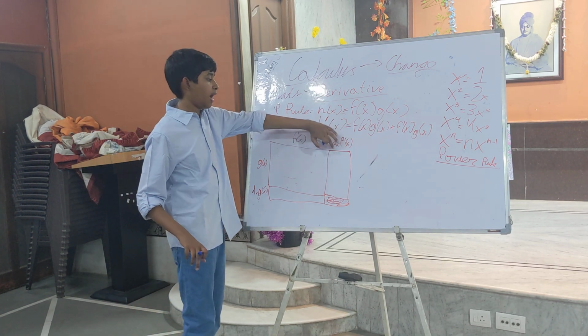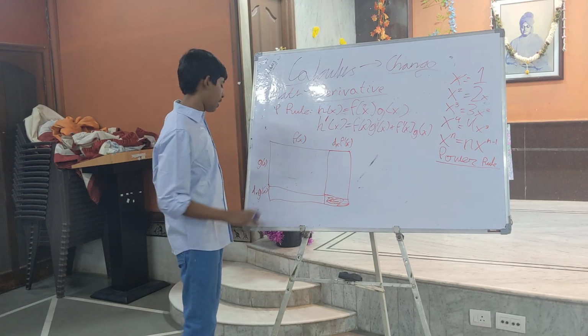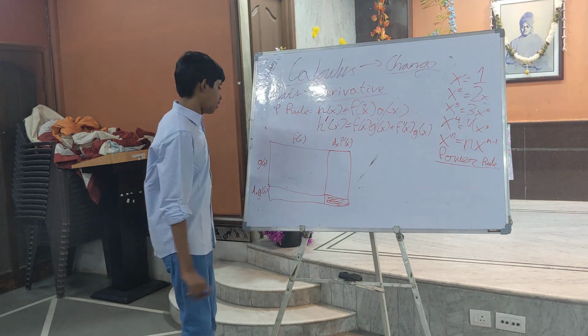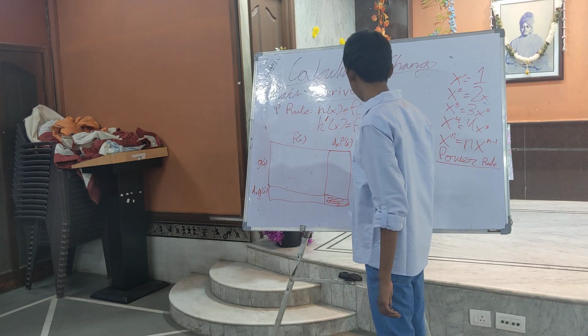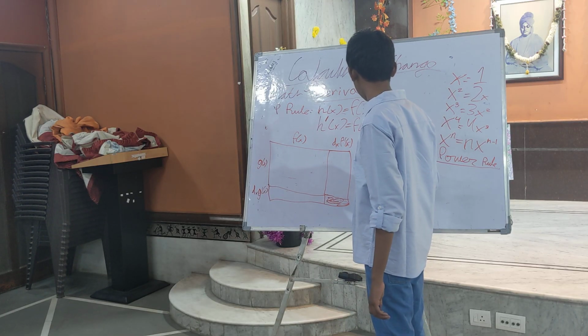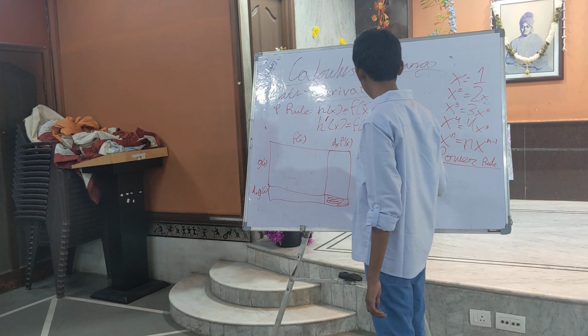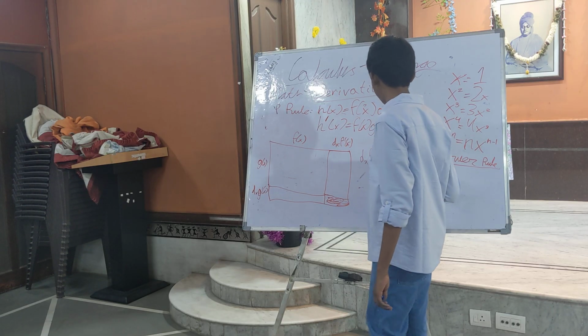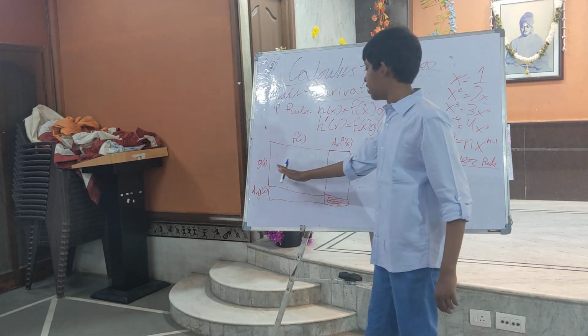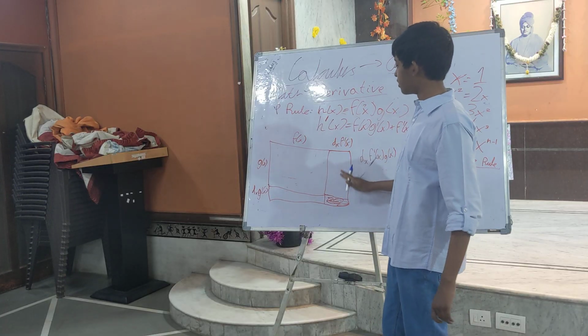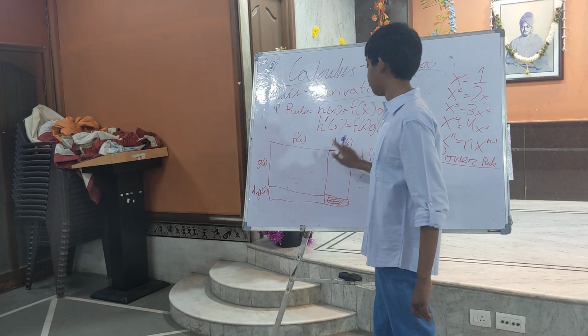Dx times f prime of x times g of x. So we are taking this rectangle with height g of x and we are adding dx of width, f prime of x of width.